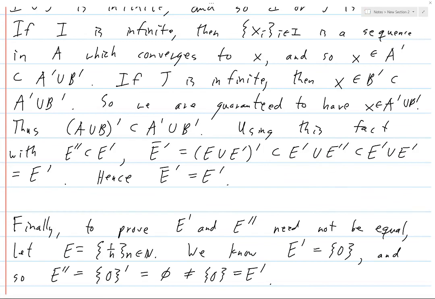This problem did not specify that things were taking place in R2. It just didn't specify the space, and so you can consider examples in R. And so here's an example on the real line where E prime and E double prime are not equal. And that finishes our proof.